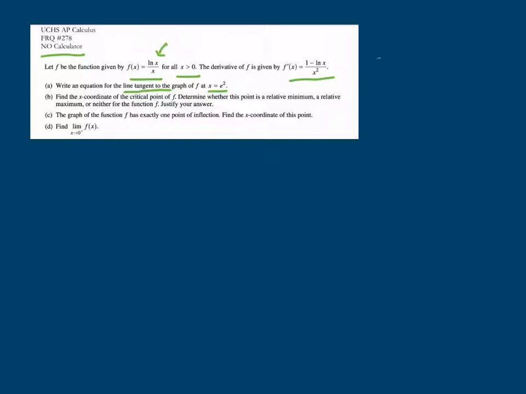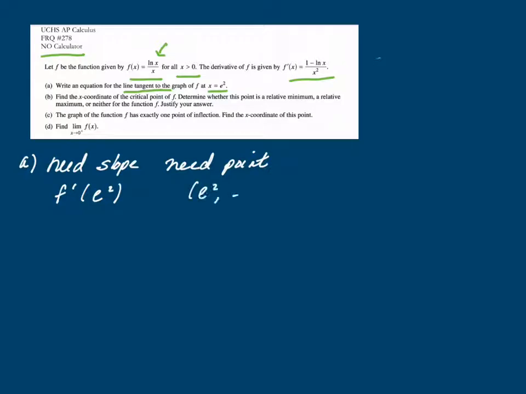So when they want the equation for the tangent line, we need the slope and we need the point. Okay, and the slope is going to be f prime at e squared, right? And the point is going to be e squared, something. So let's look for the point first.